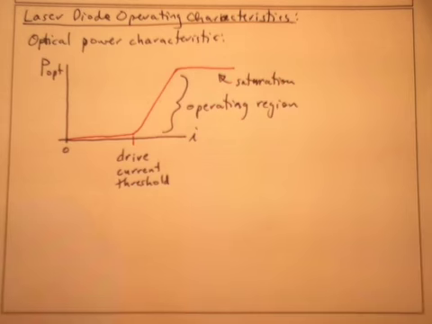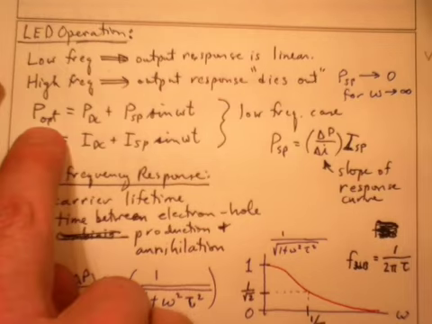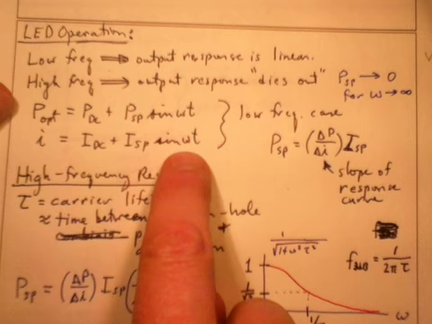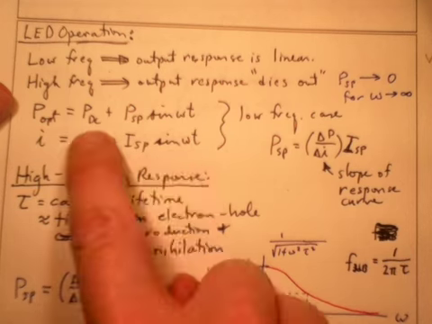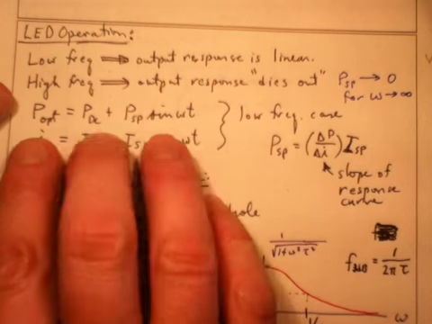And basically, we can write down a lot of the same equations for optical power and drive current, much like we did for LEDs, where we talk about driving with a sinusoidal drive current and the resulting optical power out.